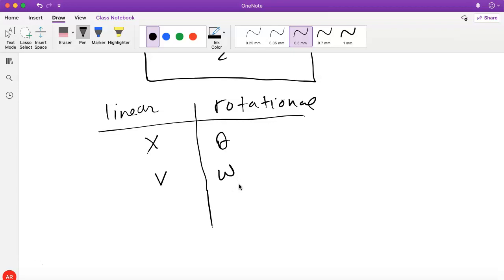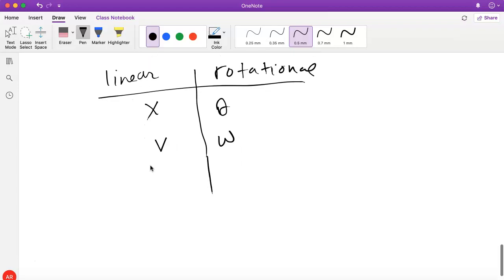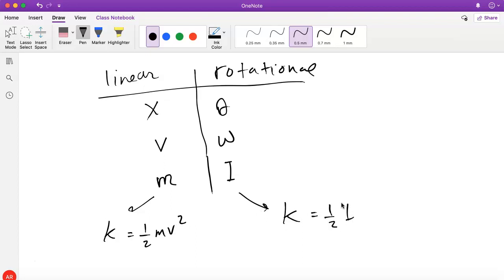Angular velocity was the rotational analog of velocity. Here we see that the role of mass is played by the moment of inertia, in the sense that the kinetic energy for linear motion is 1/2 m v squared, and for rotational energy it's 1/2 I omega squared.